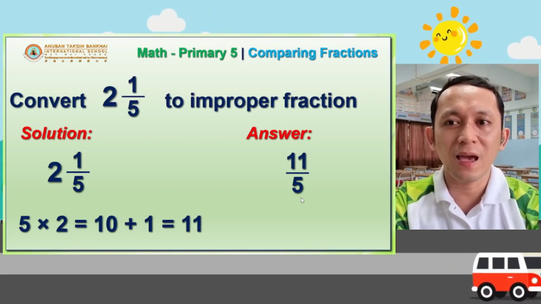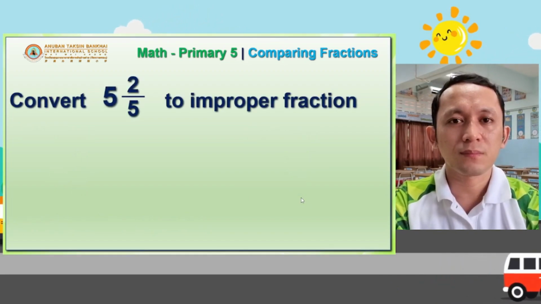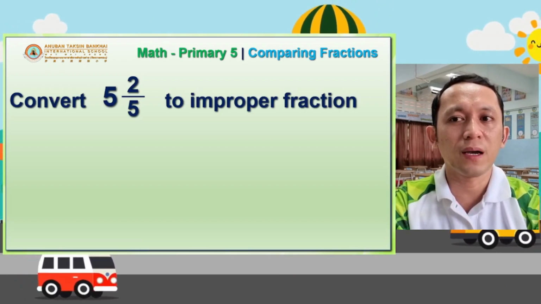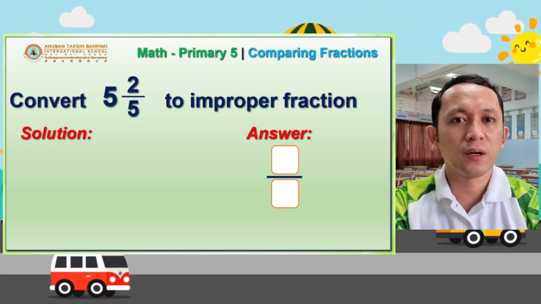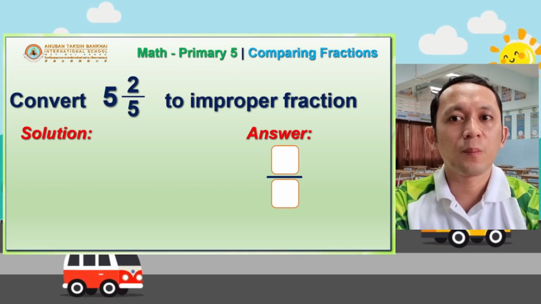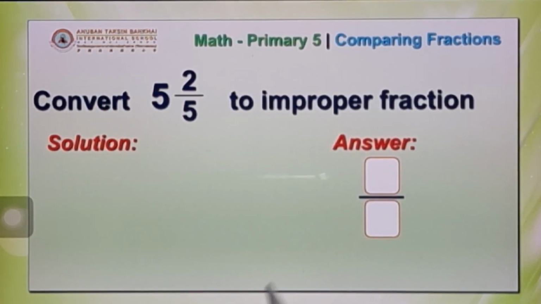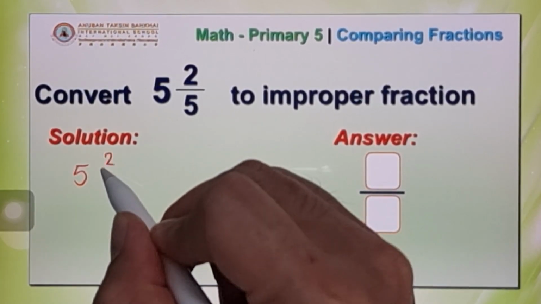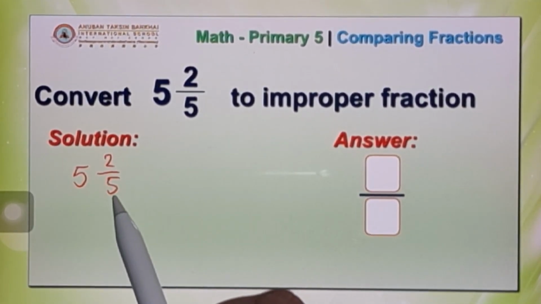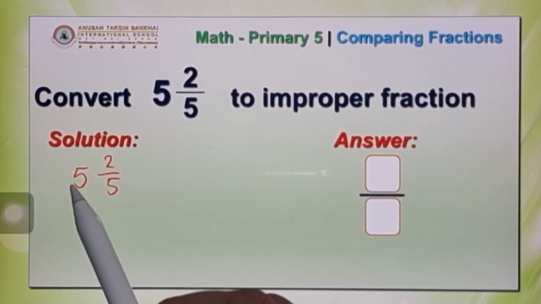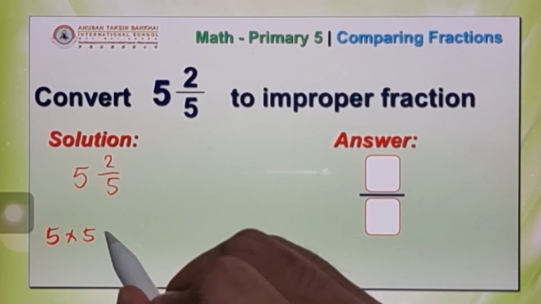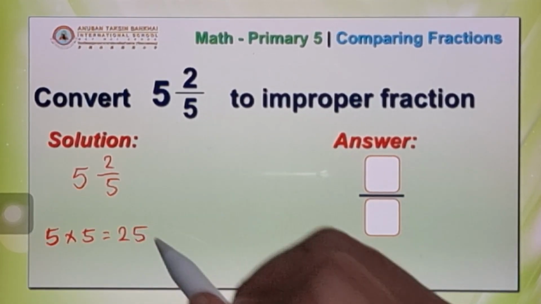So now let's have another example. Let's say we have 5 and 2 over 5. Let's convert this into improper fraction. So our solution, let's write here 5 and 2 over 5. Simply we have 5 times 5, that will be 25.